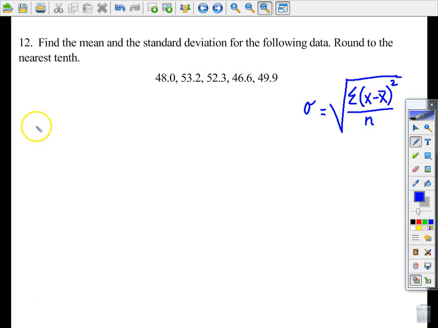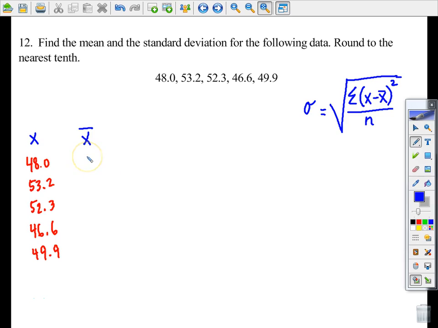Okay, so I'm just going to set up a little table with column headings. X refers to the actual numbers in the set. There's no need to arrange these if we're just doing standard deviation. You can just write them down just like they're given. Okay, and then our next column will be the mean.